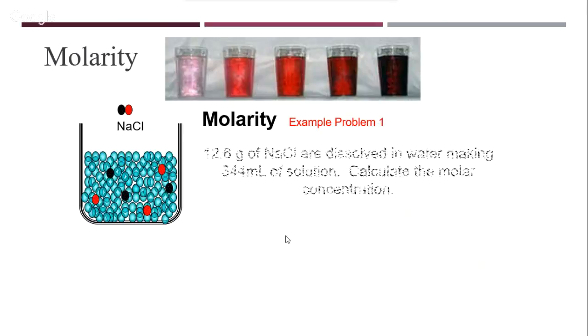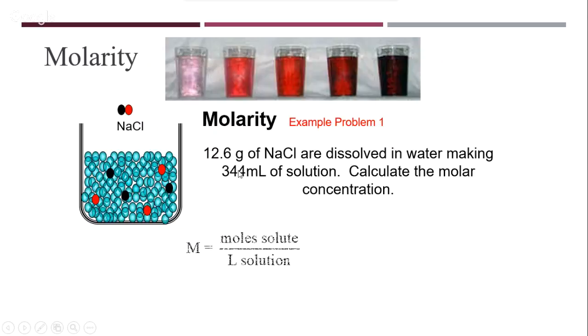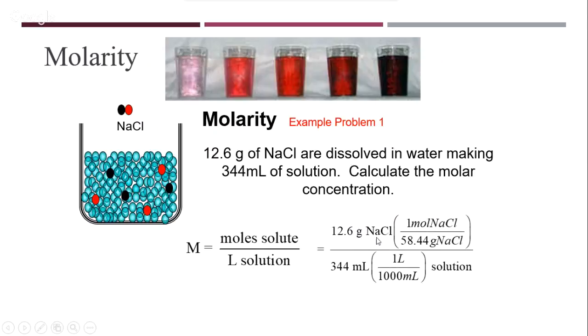So a quick example, molarity: we have dissolved 12.6 grams of NaCl in water, making 344 ml of solution. Now they have asked us to calculate the molar concentration. So all that we'll do is find the moles of NaCl and divide it by the volume of the solution. Moles of NaCl is 12.6 grams, but 1 mole of NaCl is 58.44 grams.